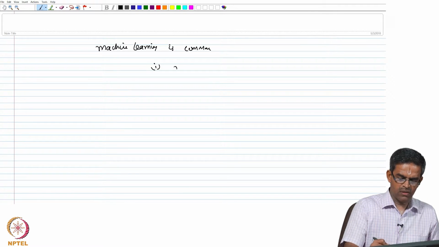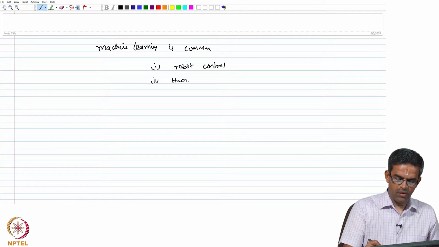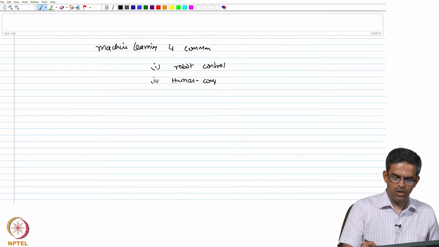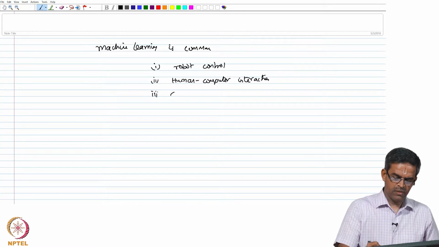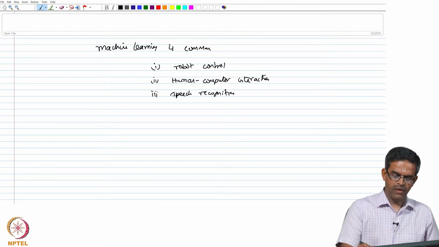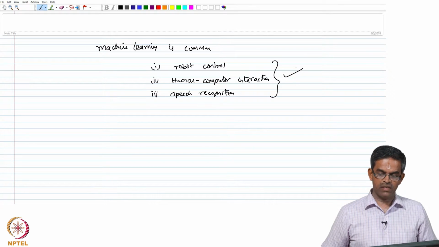in the following fields: robo control, studies related to human computer interaction, speech recognition, etc. In these fields we have been using machine learning, training the machine for existing data very commonly. However, their applications in terms of structural health monitoring is a very recent attempt in the literature.